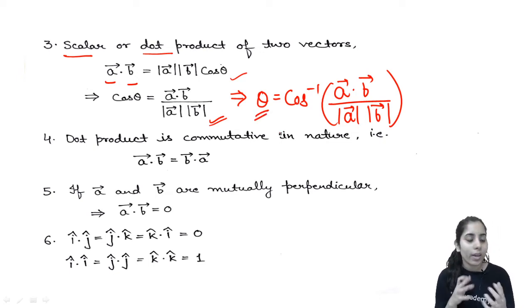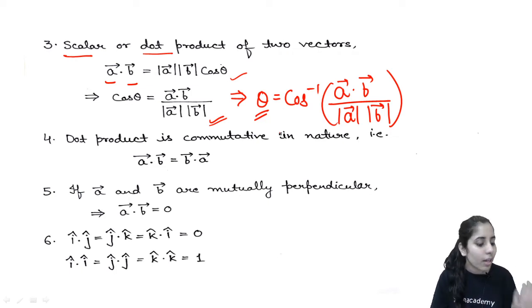Done. The question can be asked in any of these ways. They may not directly ask you the dot product, they may ask you to find the angle between the vectors. If you are familiar with these things, it will become easy for you to find that angle.